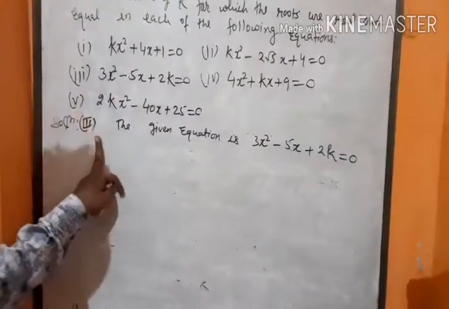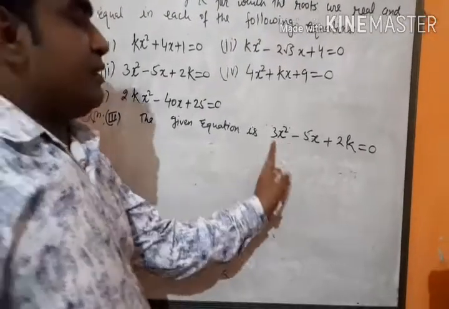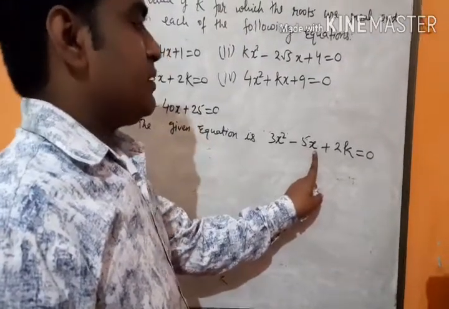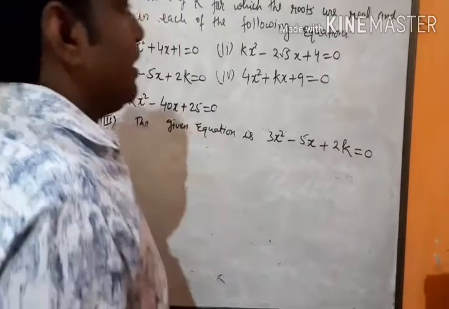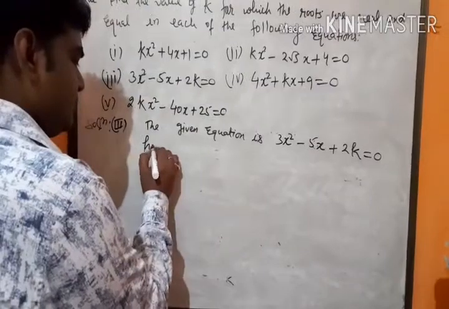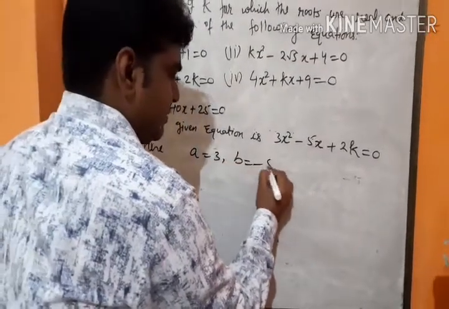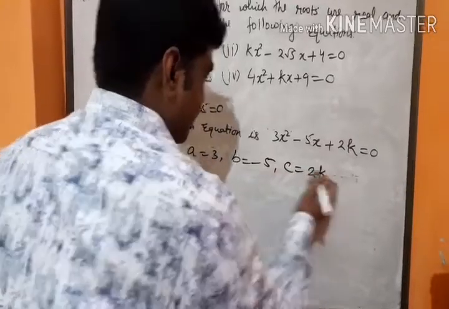Now question number 3, find the value of k for which the given quadratic equation 3x square minus 5x plus 2k is equal to 0 has real and equal roots, and the equation is this. Here a is equal to 3, b equal to minus 5 and c is equal to 2k.